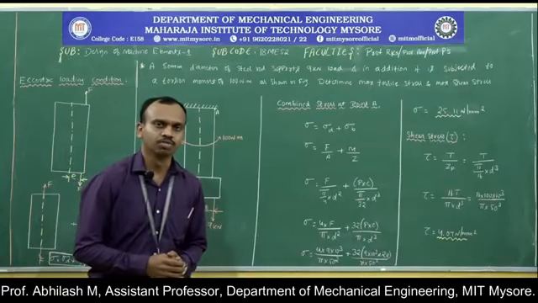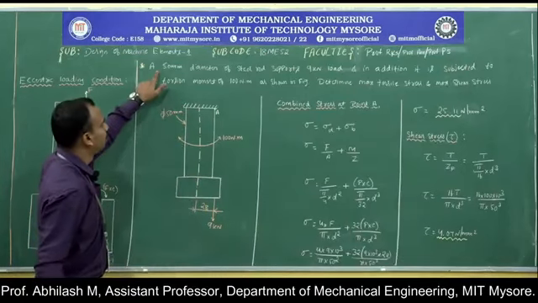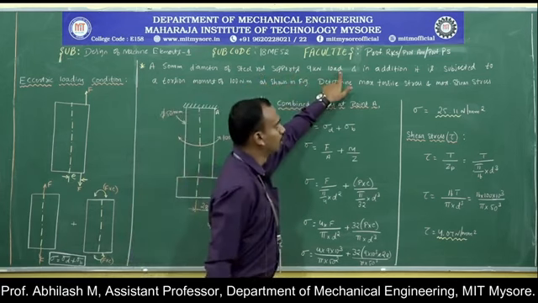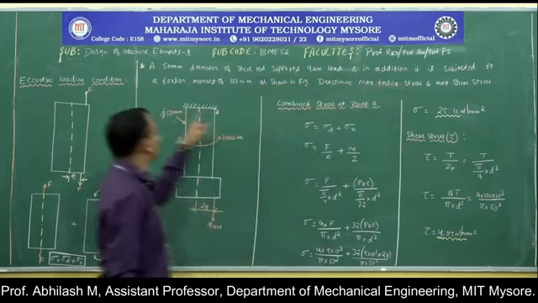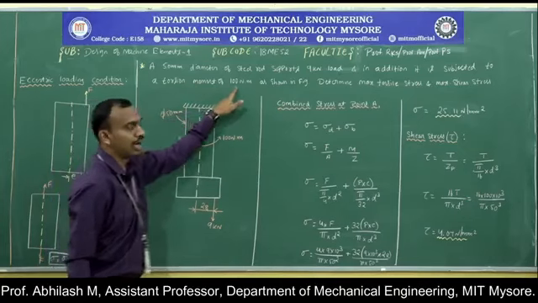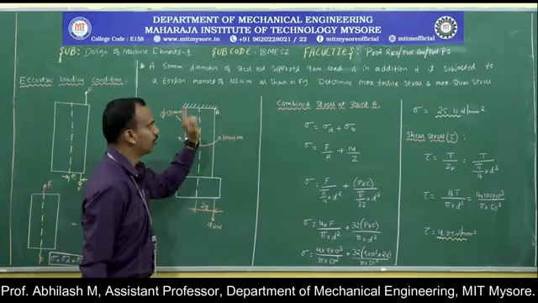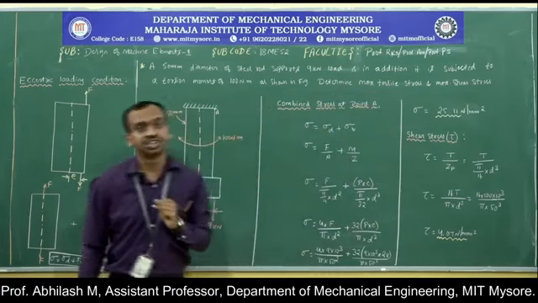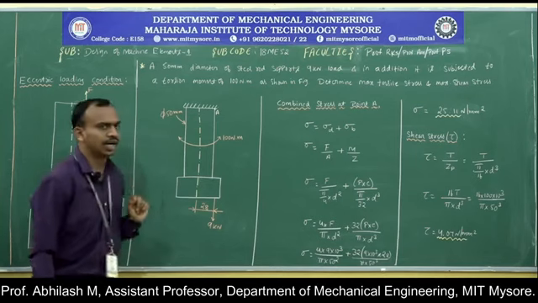Let us see the next problem, which states that a 50 millimeter diameter steel rod supports a 9 kilonewton load, and in addition it is subjected to a torsional moment of 100 Newton meter as shown in the figure. Determine the maximum tensile stress and the maximum shear stress for this condition.